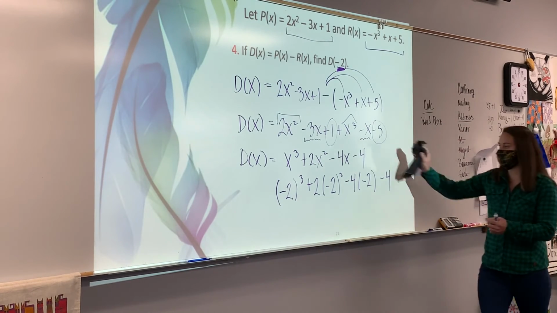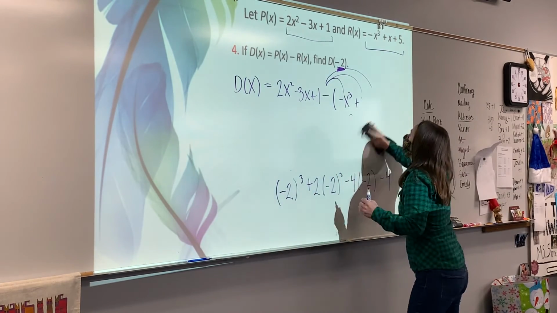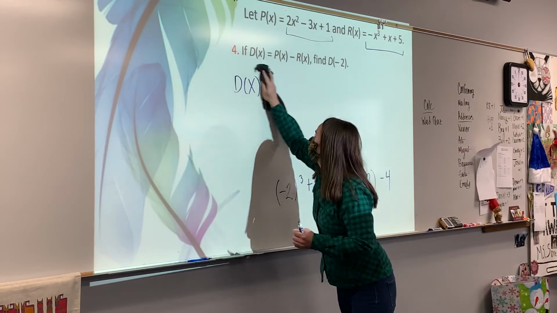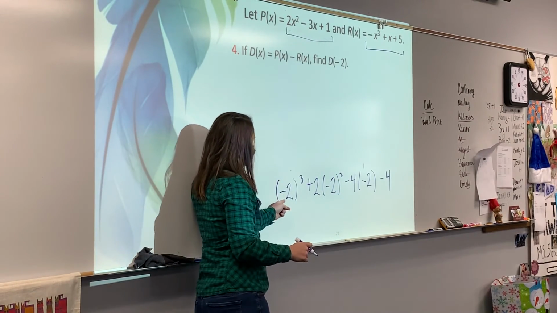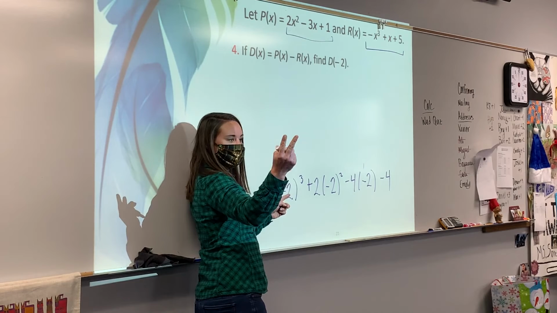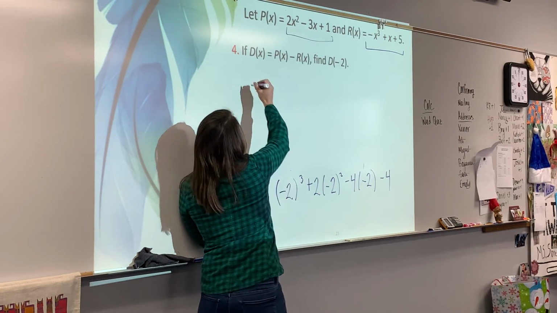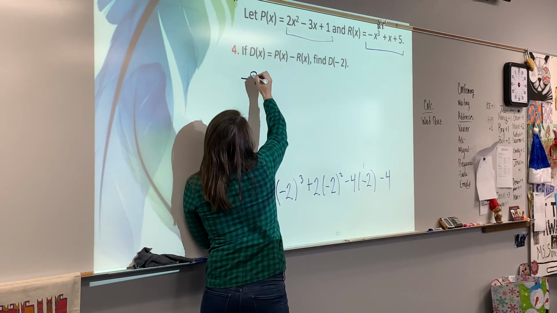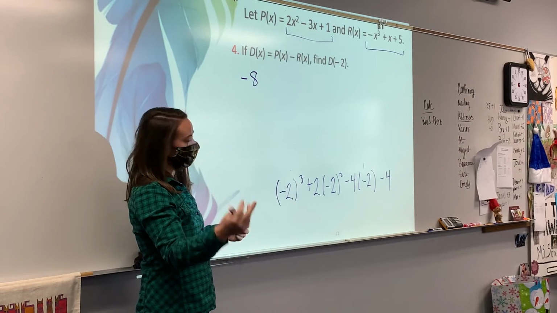All right, let me write this further up just so people in the back can see. Let's do this in our heads, just because it's a good reminder how to cube and square things. So negative 2 cubed is negative 2 times negative 2 times negative 2. So negative 8, because it goes negative times negative times another negative.